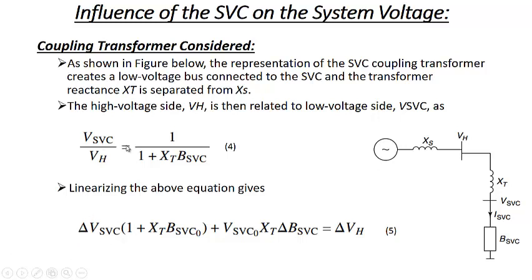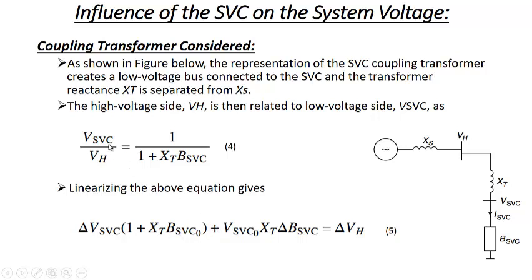So delta VSVC, since delta VSVC and this VSVC both are changing because they are functions of each other. So we can say delta VSVC into 1 plus XT BSVC naught. That means this will be the value of this. When we change this, we are keeping this BSVC constant at that value. When we take this as a constant, we can say that value will be equal to BSVC naught.